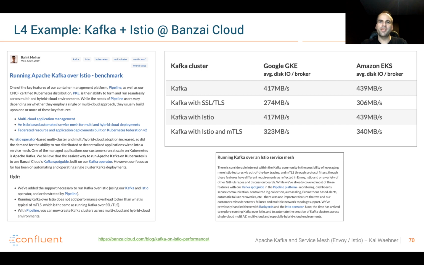With Kafka and SSL/TLS, it has 274 megabytes throughput per second. And if you actually use Istio for mutual TLS, you even have better performance with 323 megabytes per second. So that's pretty interesting.